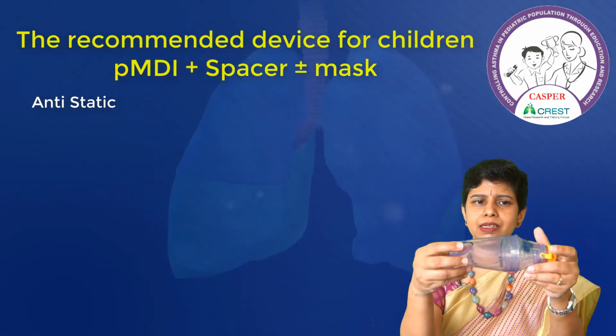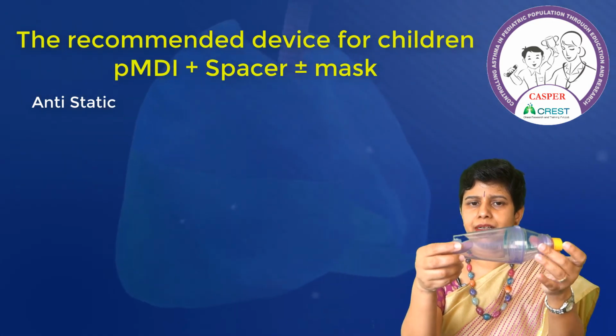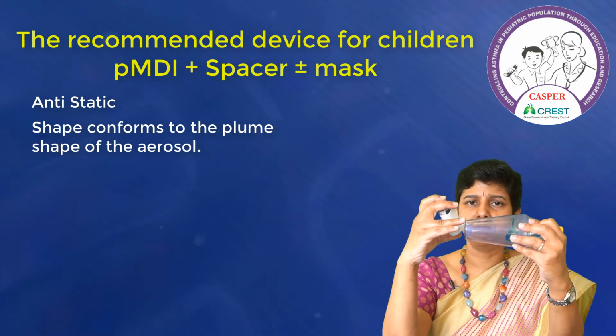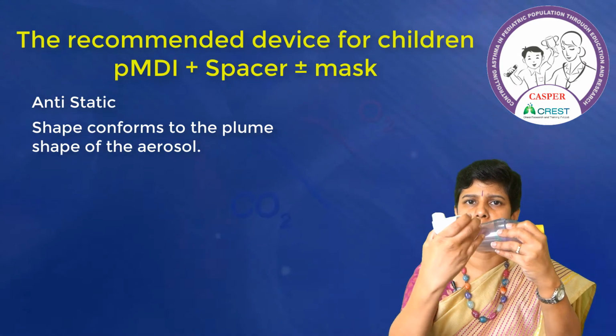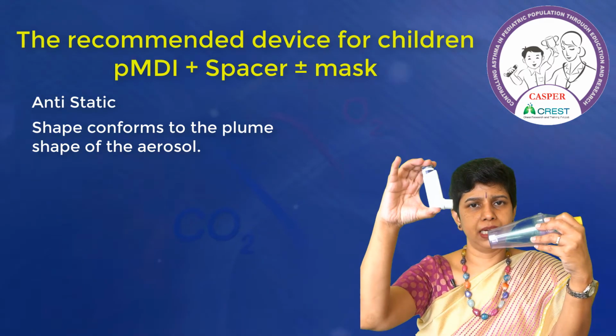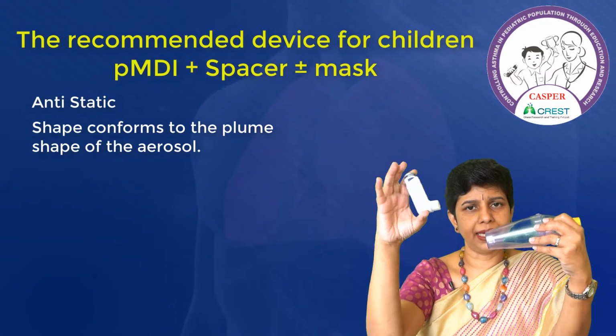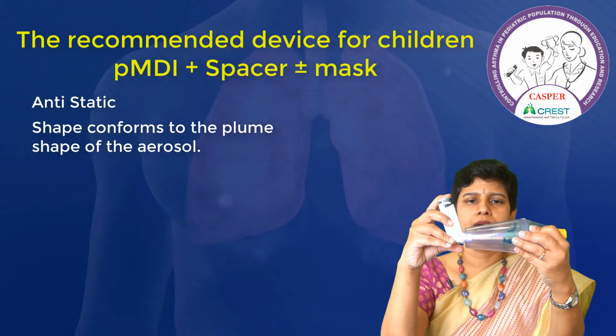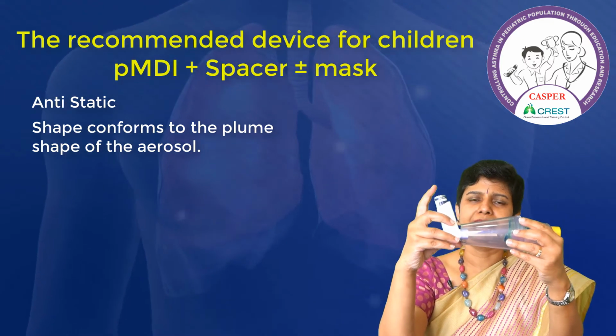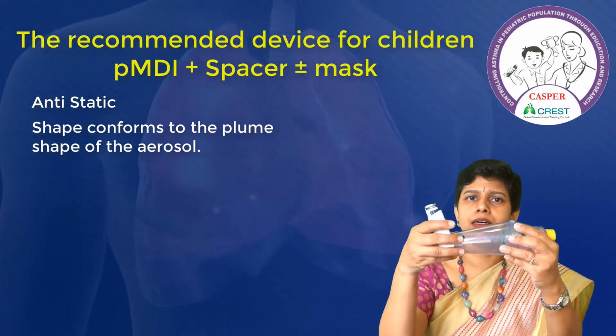This particular spacer is called the zero stat VT spacer. The advantage of this shape is that the shape is in the form of a plume, and the drug that comes out of the MDI is also plume shaped. So that's why lesser drug is wasted as compared to if you are using a cylindrical one.